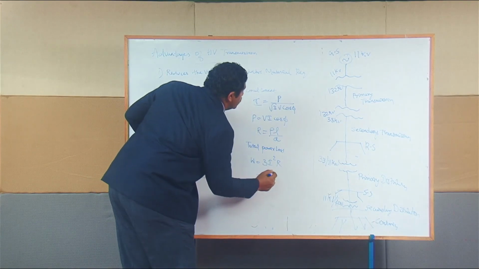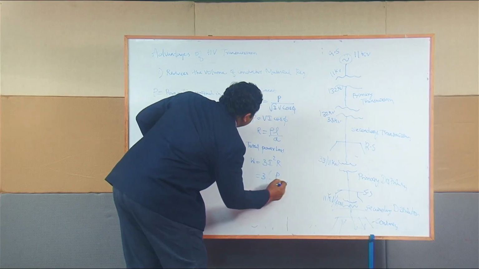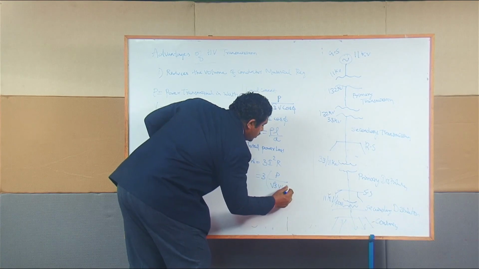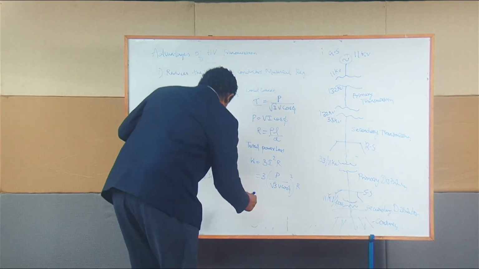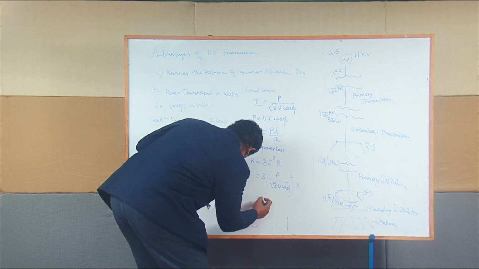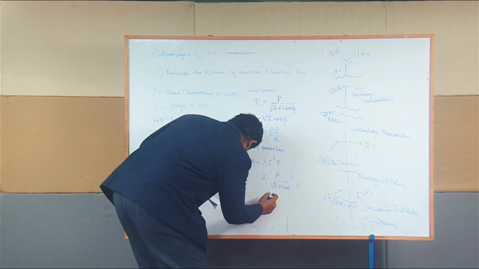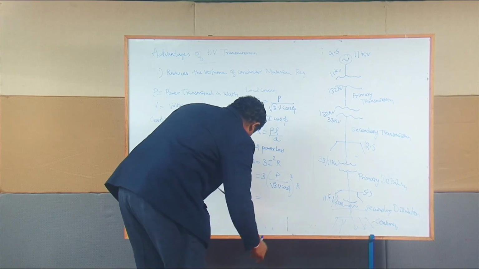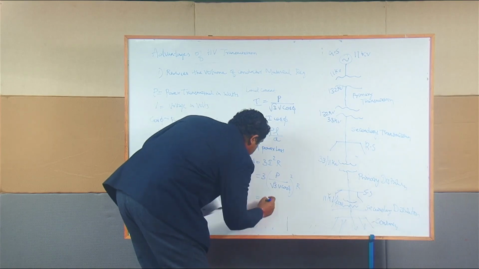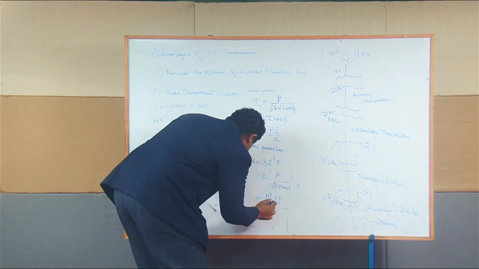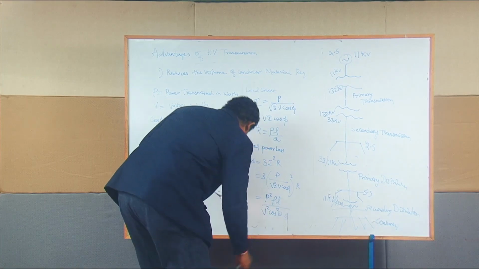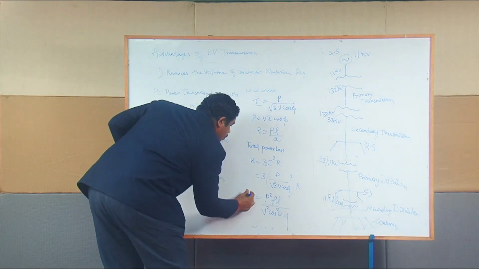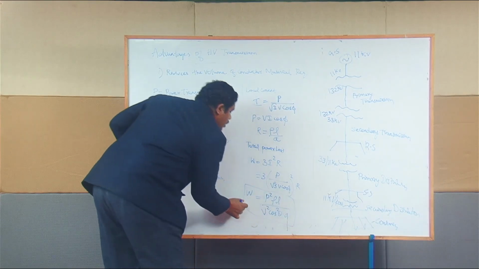So, 3 into P by root 3 V cos phi whole square into R. If you simplify, you will get P squared rho L divided by V squared cos square theta into A. So, this is my total power loss, which is represented by W.